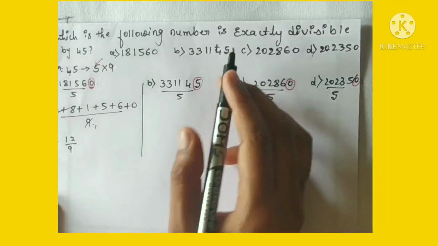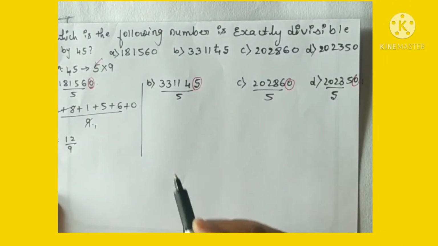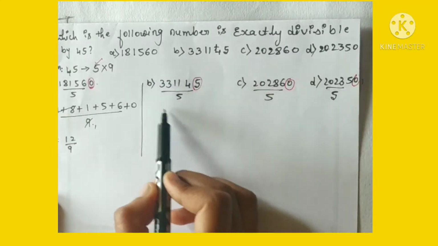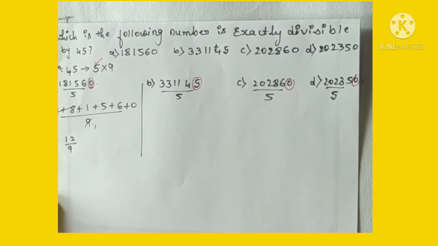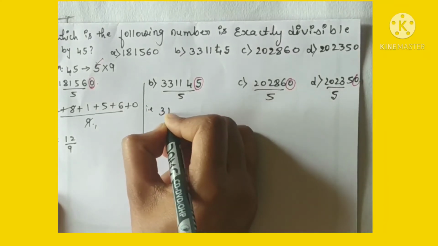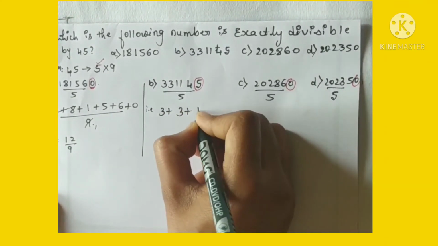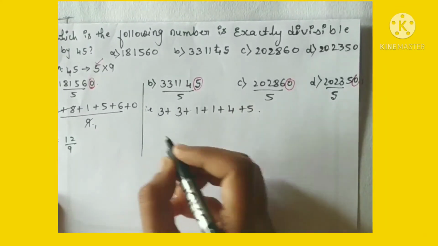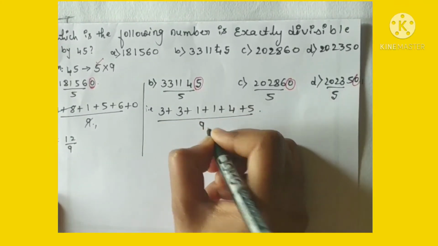Next, option B. This option B satisfies the divisibility rule of 5. Now we have to check the divisibility rule for 9, that is 3 plus 3 plus 1 plus 1 plus 4 plus 5 divided by 9.